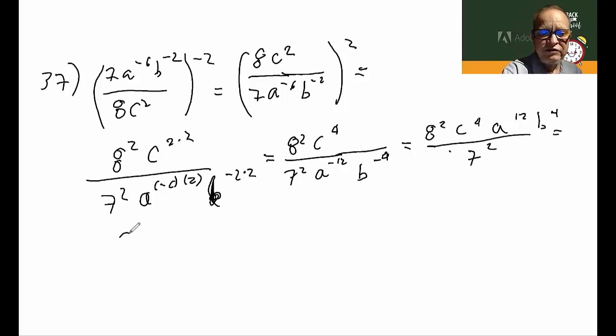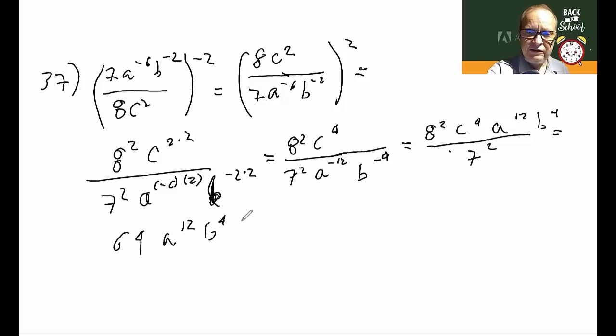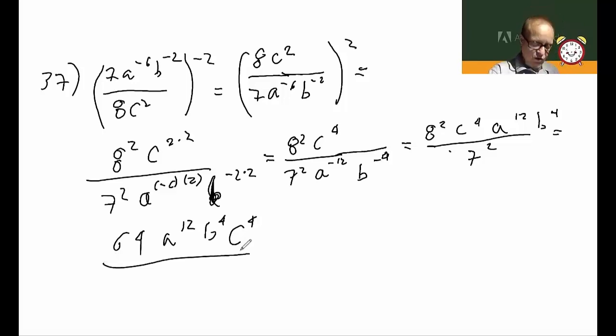So I have 64 a to the 12th, b to the 4th, c to the 4th, and this whole thing is over 49. And this is the same as we got in the other approach. So either approach is fine. Some strategies are shorter, some strategies are longer. Whatever works for you would be fine.